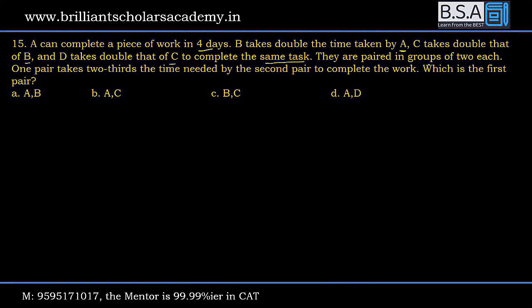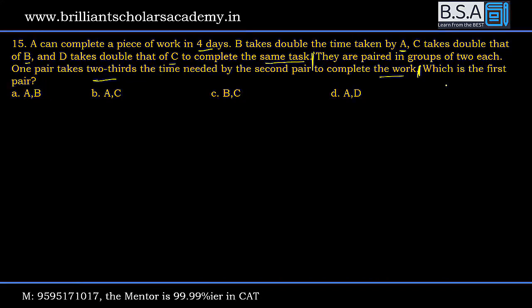They are paired in groups of 2 each. One pair takes 2/3 of the time needed by the second pair to complete the work. Which is the first pair? Slow down, read everything a couple of times, see if it makes sense, and then give it a try.